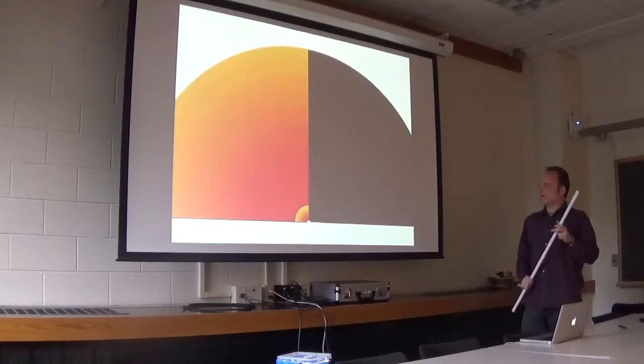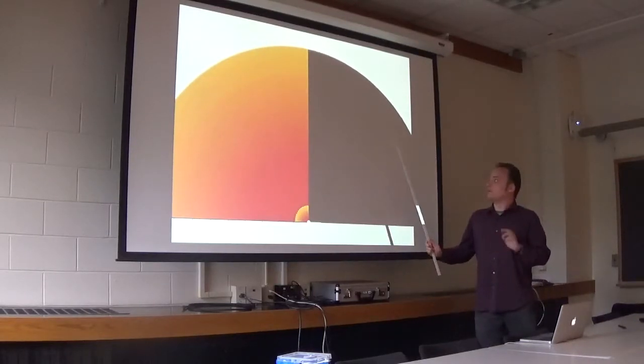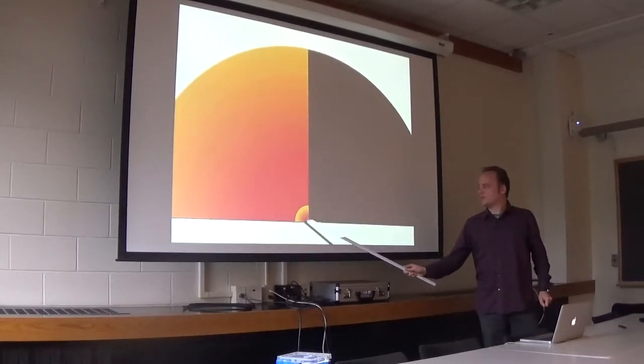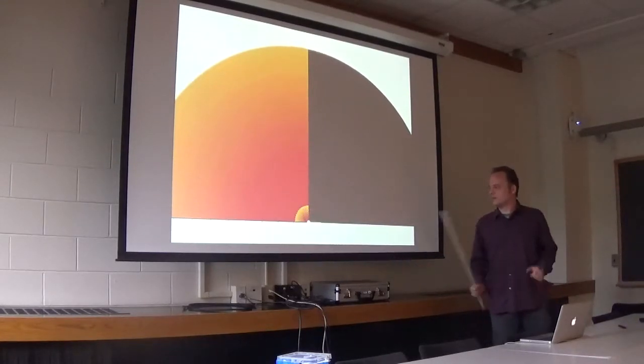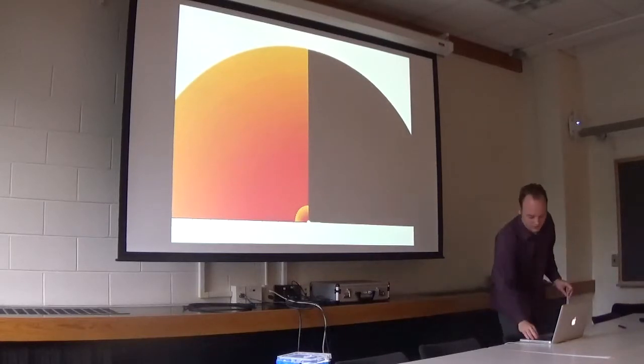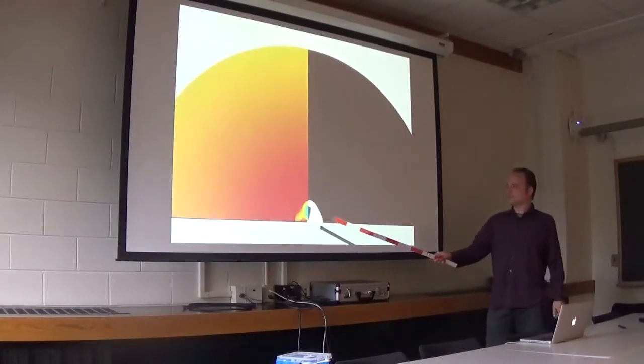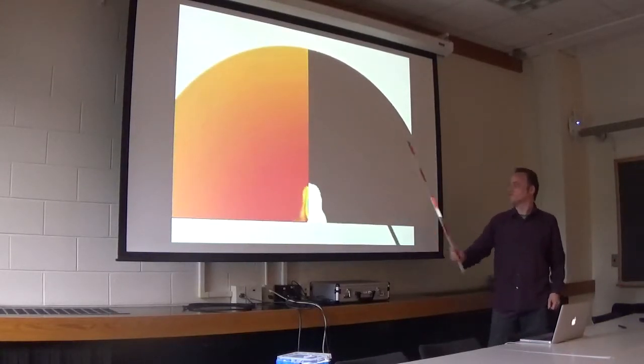And so right now we're deep in the core of a progenitor star, and I've collapsed the core and carved out this little cavity here, and I'm going to start injecting a jet deep in there. So the energy from the jet fills up this cavity, and then it starts to punch its way out.